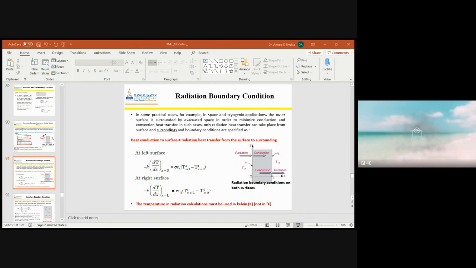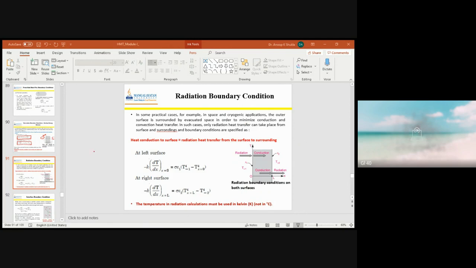So in radiation boundary conditions, we apply the same concept as we applied for the convection boundary condition. We equate the heat conduction to the surface with the heat transfer through radiation from the surface to the surroundings. When we consider the radiation boundary on both surfaces of the plane wall, you can see from this picture, whatever the radiation heat transfer from the surface to the surroundings is equated with the heat conduction.